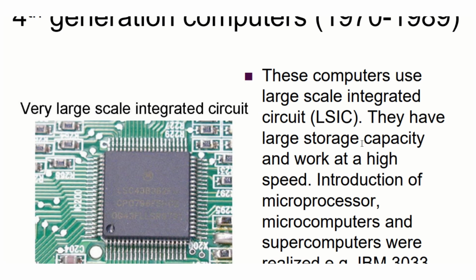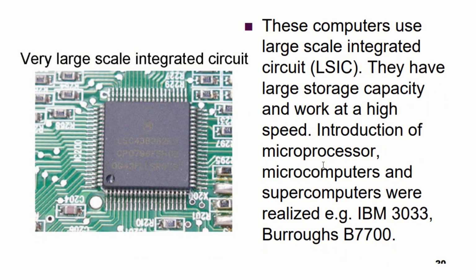They had large storage capacity and worked at very high speed. They had a very high processing speed. The microprocessor was introduced, and microcomputers and supercomputers were realized during this fourth generation.